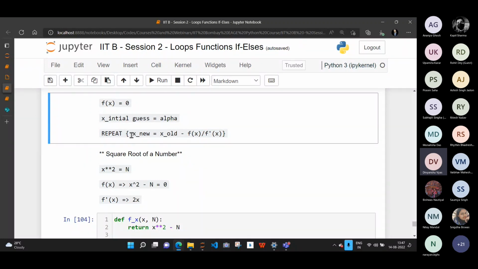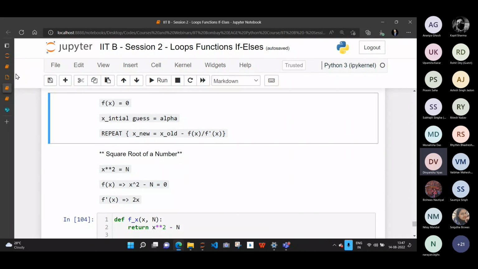Every new iteration, we will be updating our value of k. So whoever does not want to look at mathy stuff, you can call that x new or x updated is equal to x old minus something. It's just an update rule. Every iteration you are updating it with something. And what is that something? That something is a ratio of the function at that x. Basically, this is x old. f(x old) divided by f dash of x old.